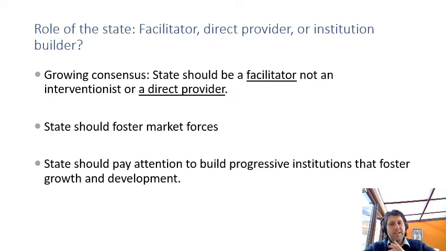The way that we thought about simple concepts that people argue about, capitalism versus socialism and so on, really has to do with the role of the state, right? What the state should be doing.